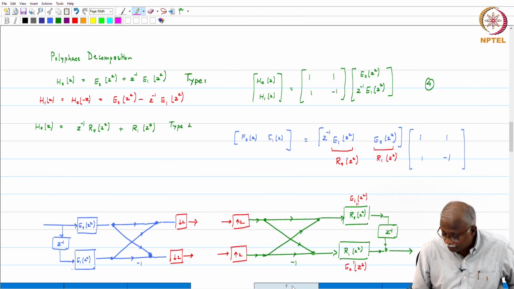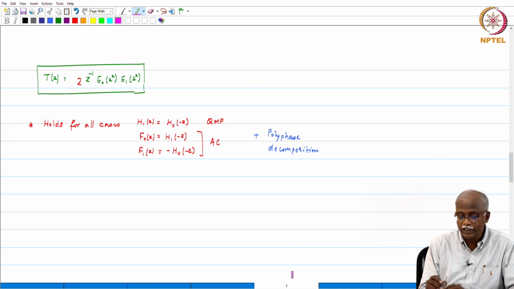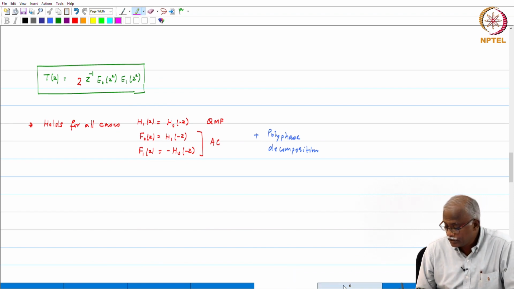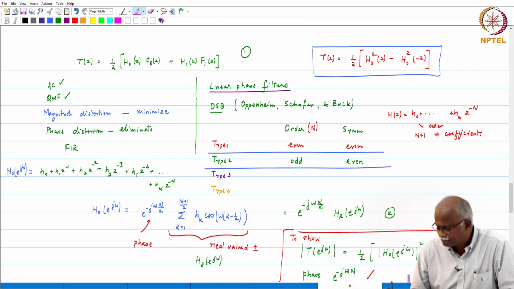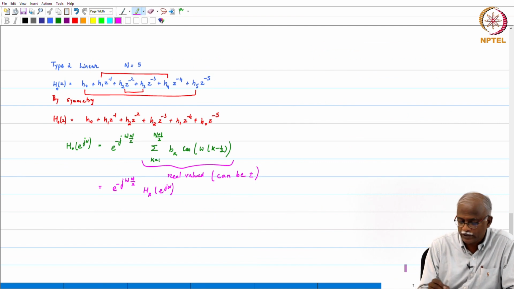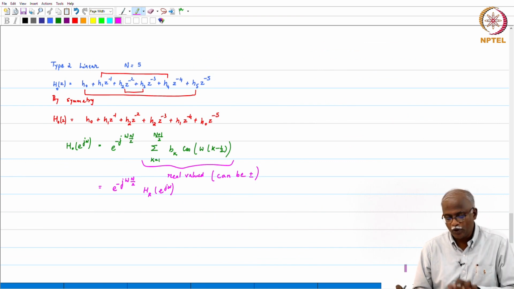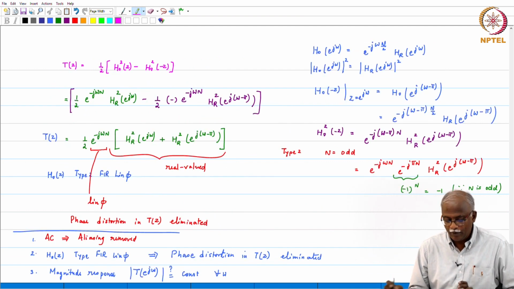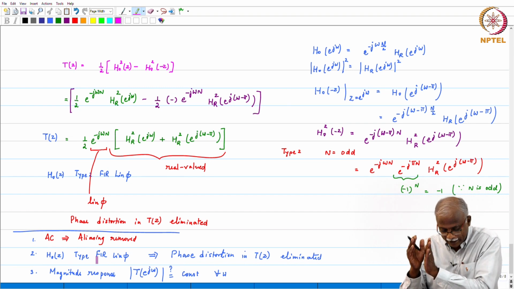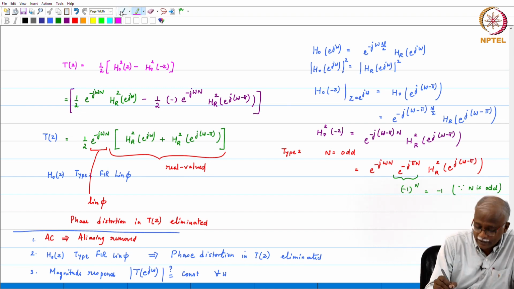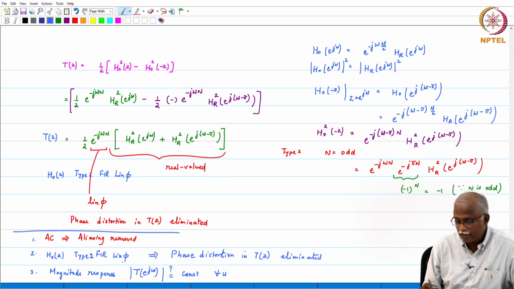So going back to the original structure, applying the QMF constraint, and the fact that the analysis filter H0 will be a linear phase transfer function, we said that we will pick the type 2 transfer function, and then showed what the overall response would be. We now have the fact that aliasing has been removed. We now have H0 of z as a type 2 FIR linear phase transfer function.